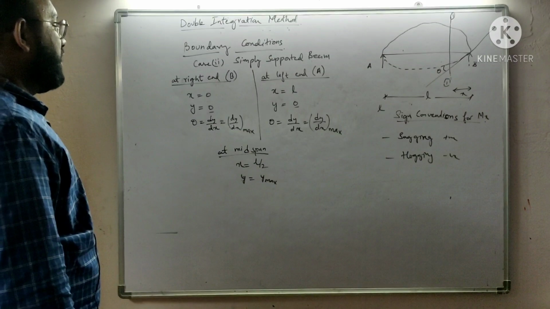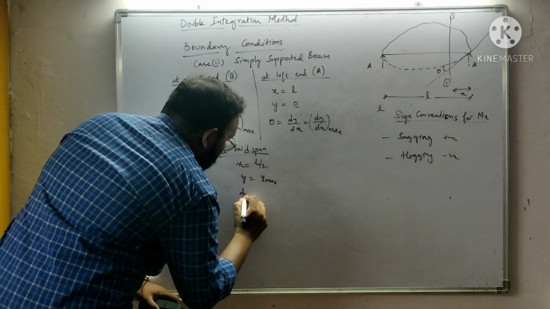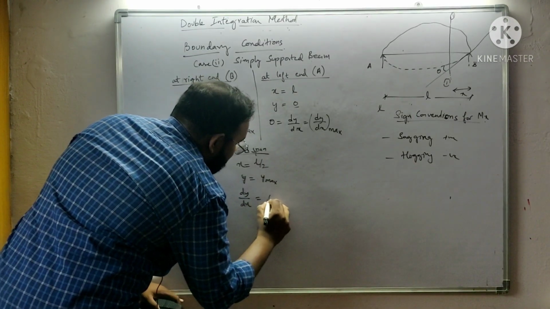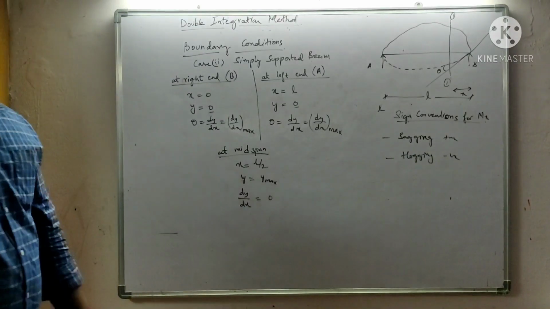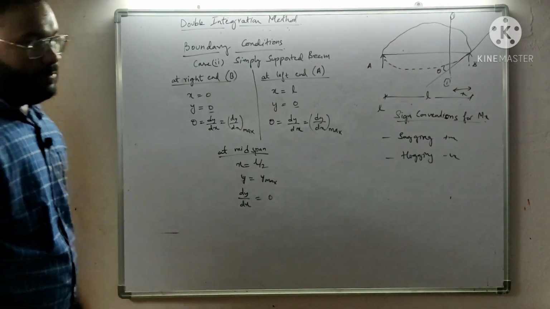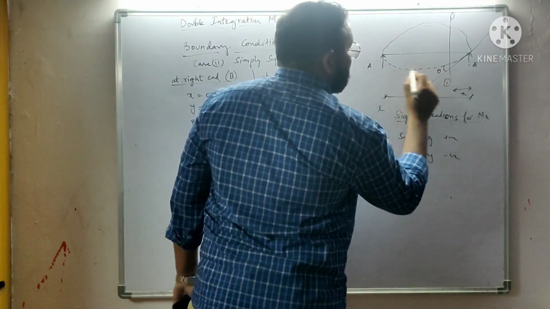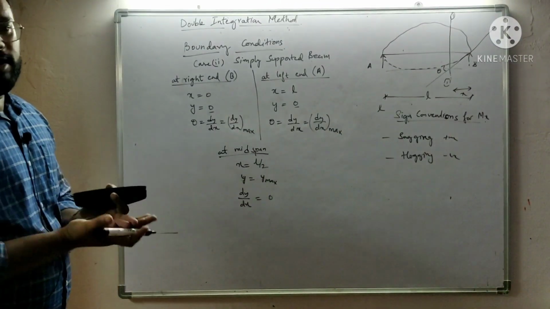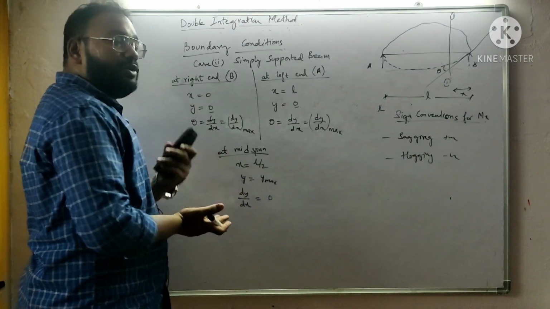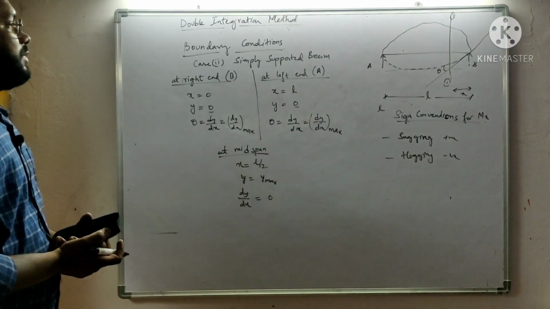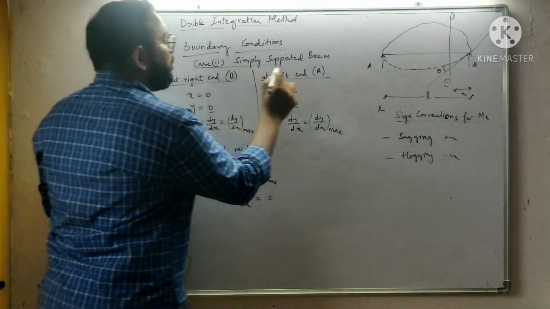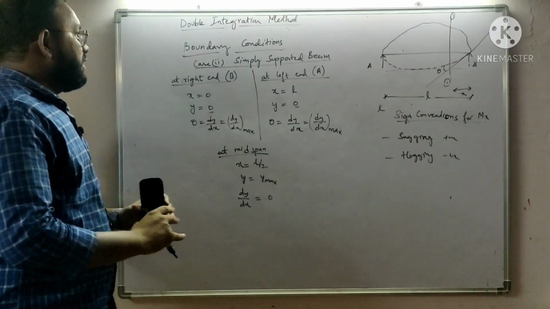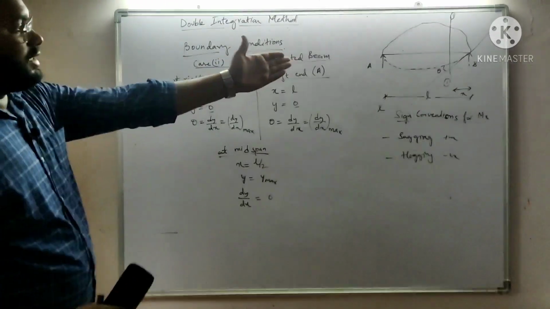Maximum deflection generally occurs at the midspan in the case of symmetrical beams, and for unsymmetrical beams it generally happens under the point of maximum applied load. And what about dy by dx? Slope will become 0 at the point of maximum deflection. So this was the second case, the simply supported beam.